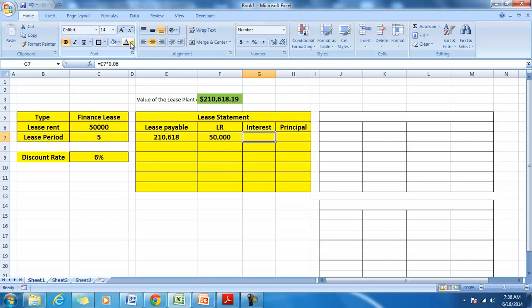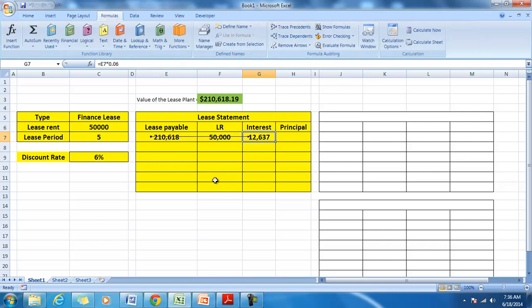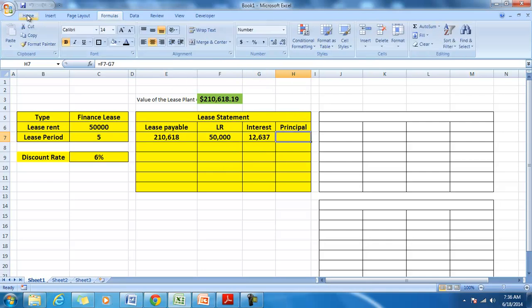The interest is calculated on the principal amount, and the balance is treated as the principal component of the lease rent. So this is the 50,000 minus interest, and this will go towards the reduction of the lease payable.